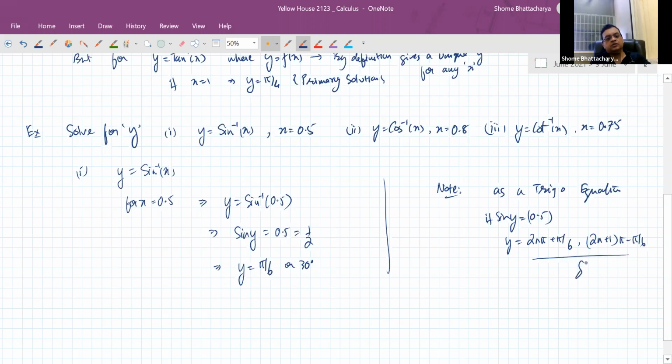This is the general solution. But here this is a function, so for the function, we will take the primary solution.